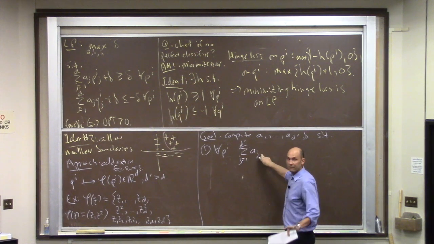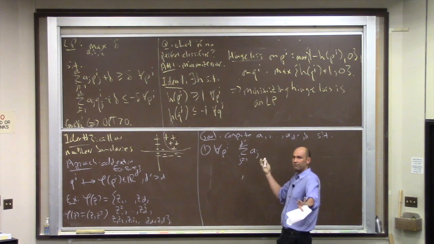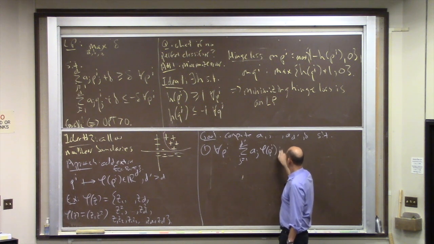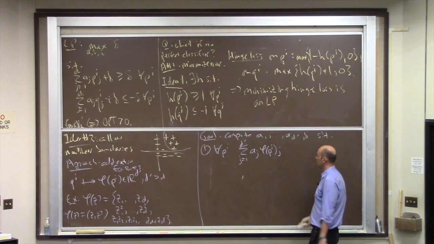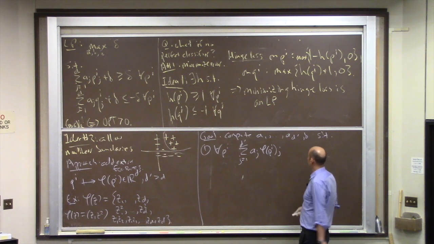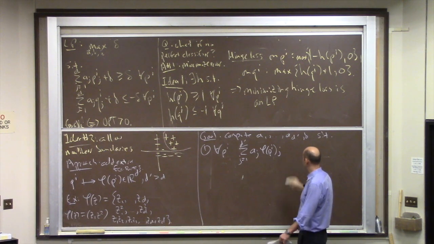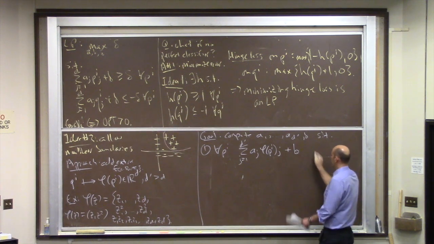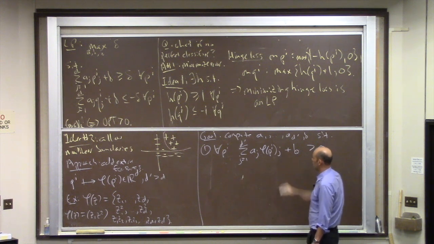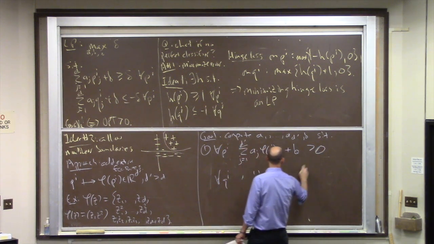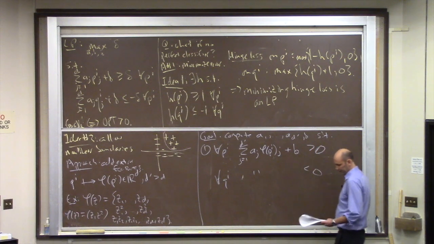Now instead of talking about the original point p, I talk about the inflated version of p on the bigger feature set. So I write it like this. Okay, so it's a linear combination with coefficients aj on the vector of enriched features. Add in the intercept, I want this to be bigger than 0 for all the positive examples. And then I want the same thing to be less than 0 for all negative examples. Okay?